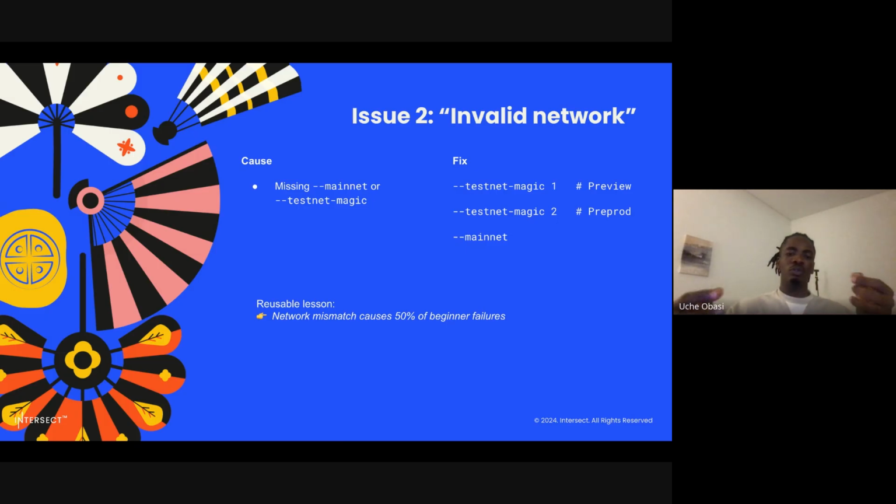So when building up your wallet, make sure you investigate potential network mismatches. The best way to do that is by checking the command and seeing what is expected of you. Am I supposed to run on mainnet? Am I supposed to run on testnet? Then check the command to see if you added that mainnet flag or that testnet flag.